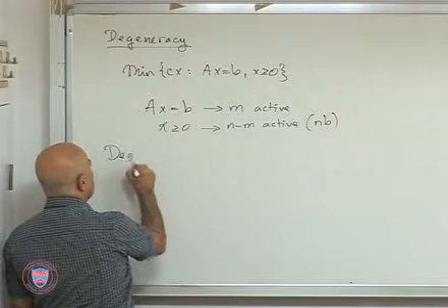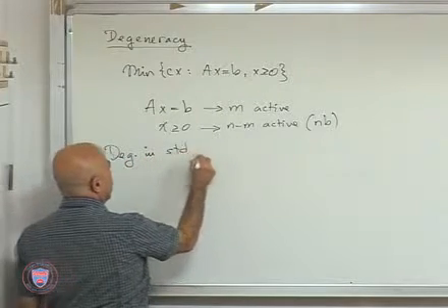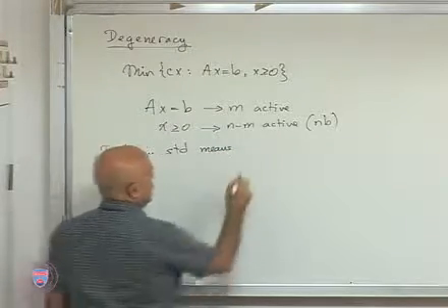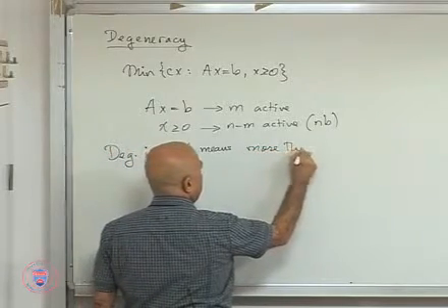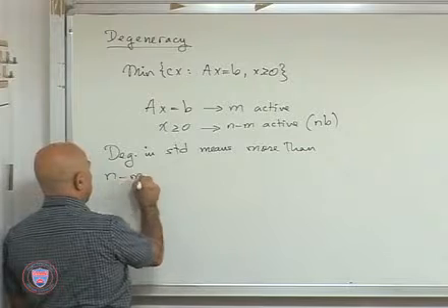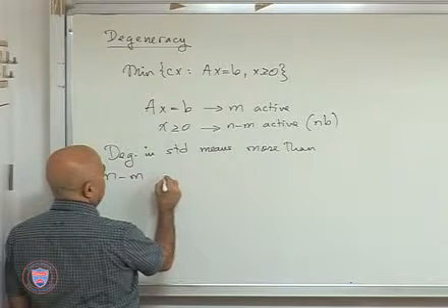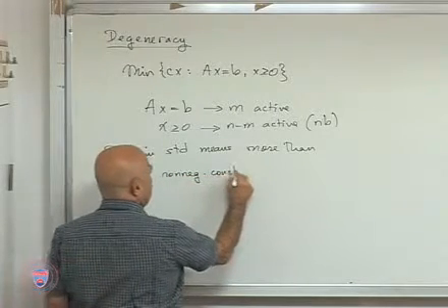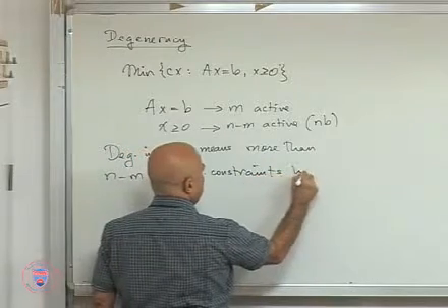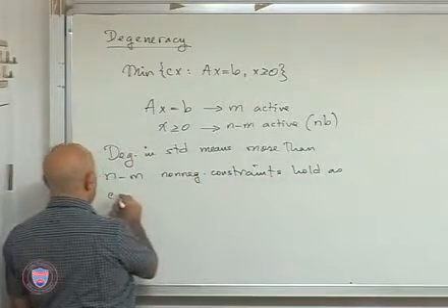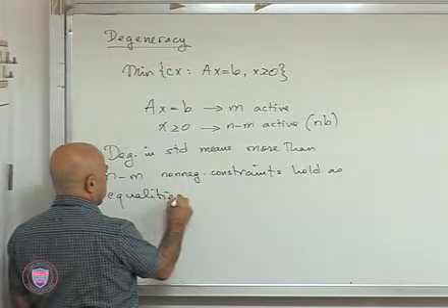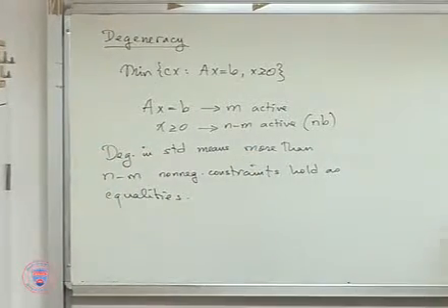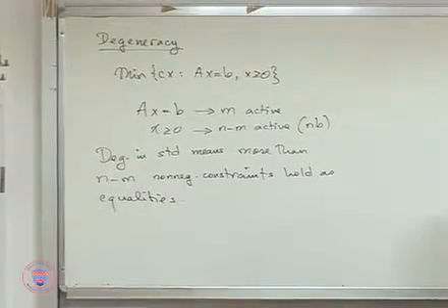So degeneracy in standard form means more than n minus m non-negativity constraints hold as equalities. Now, if this is the case, when you have more than n minus m, of course, n minus m of them will be the non-basic variables.